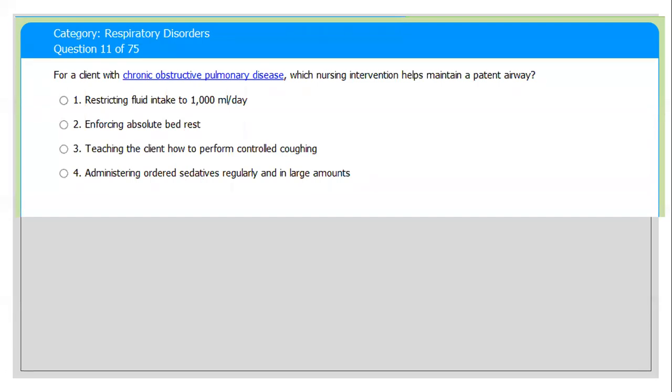So COPD, right? First of all, if a patient has COPD, chronic obstructive pulmonary disease, we diagnose with tests, evaluate the condition of the lungs, and assess the severity of the disease. So which intervention helps to maintain the patient's airway?